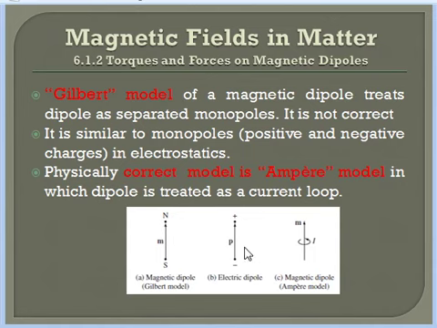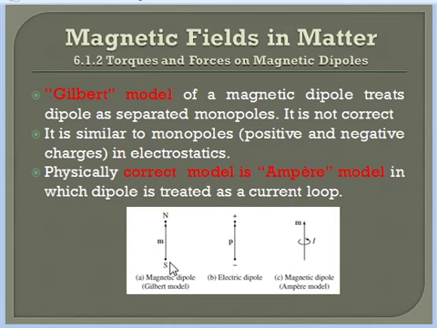And this model is similar to electrostatics. That is, in electrostatics, an electric dipole contains negative and positive charges separated. That is, electric monopoles. But it is correct because electric monopoles can exist. But this Gilbert model is not a correct picture of the magnetic dipole, because north and south poles cannot exist.